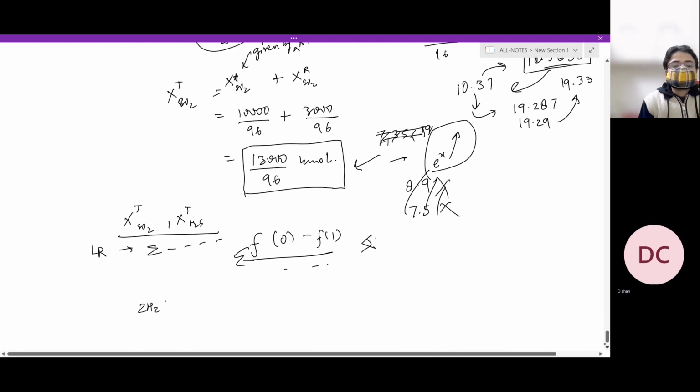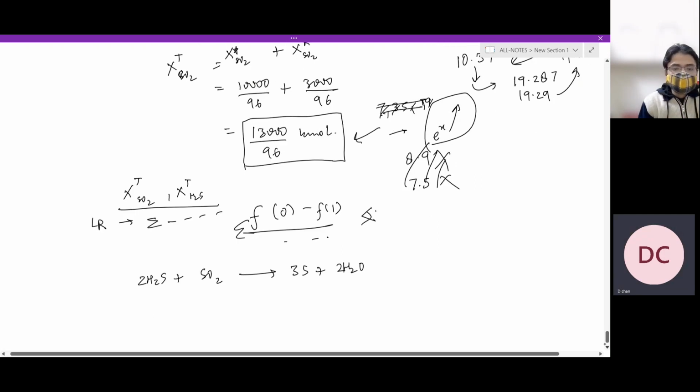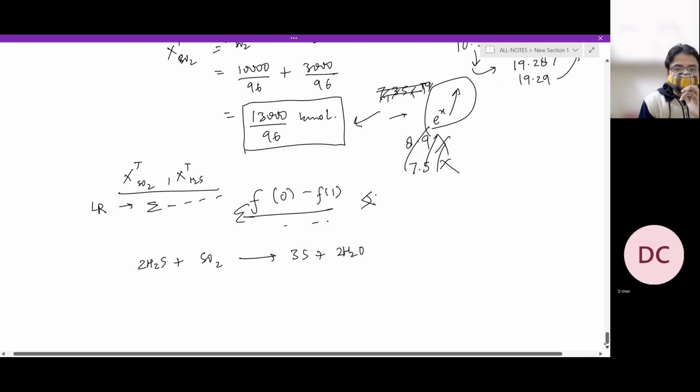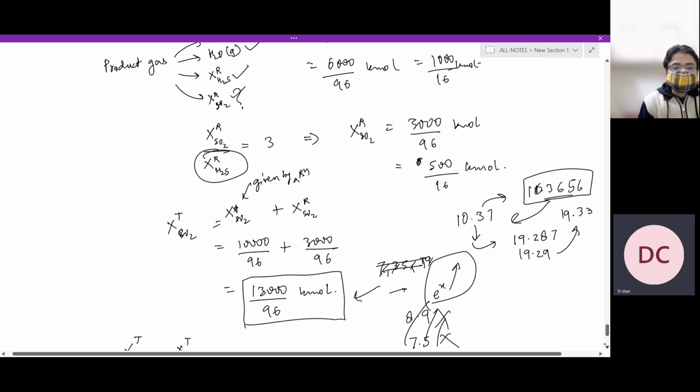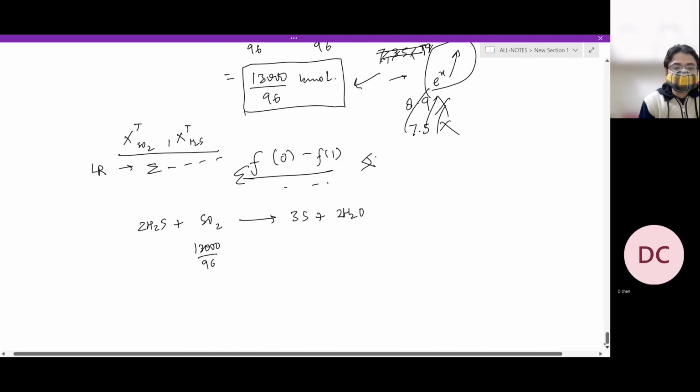So you've got this reaction. This is 3S plus, what was that? H2O, right? And here a 2. Now you know the total amount that we are supplying right here, right? This is 30,000 over 96 kilomoles. And the H2S is 6,000 over 96 kilomoles.